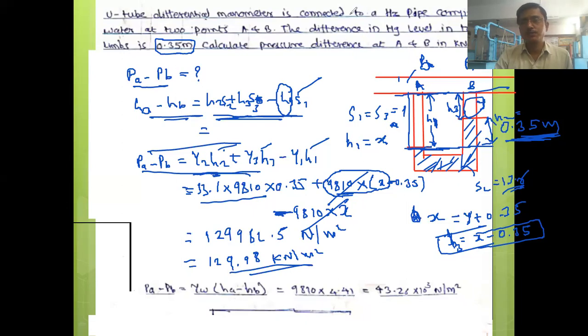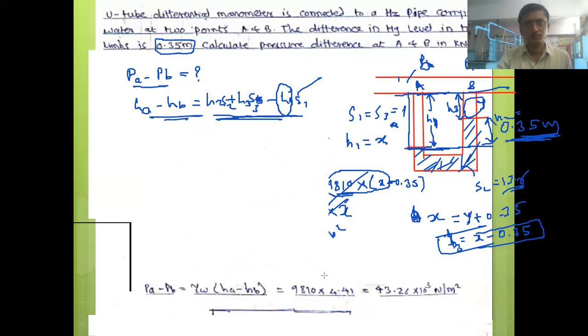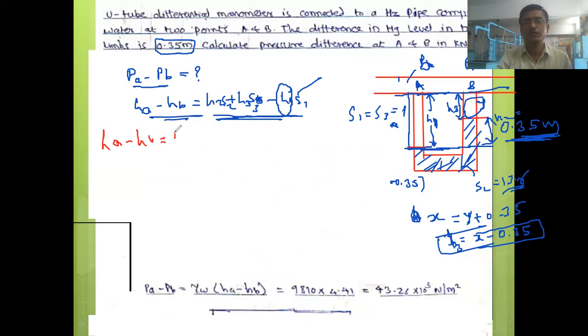So instead of using this method, I will solve this problem by the other method. Now here, HA minus HB is equal to, what is H2? It is 0.35 into S2, which is 13.6, plus H3. Now instead of H3, what am I writing?